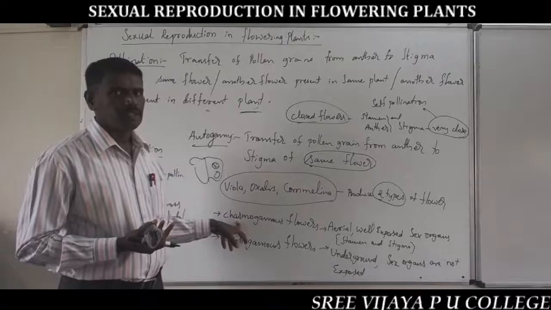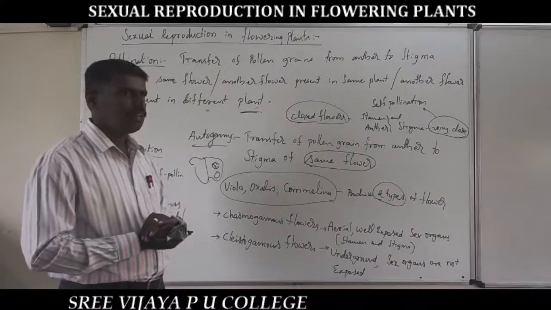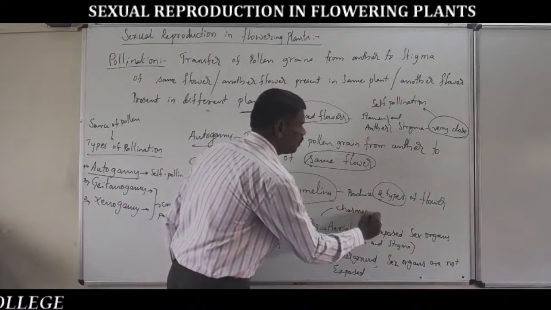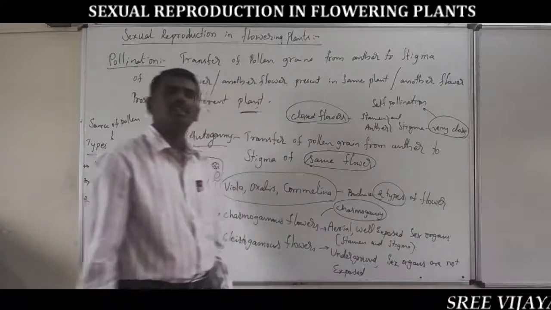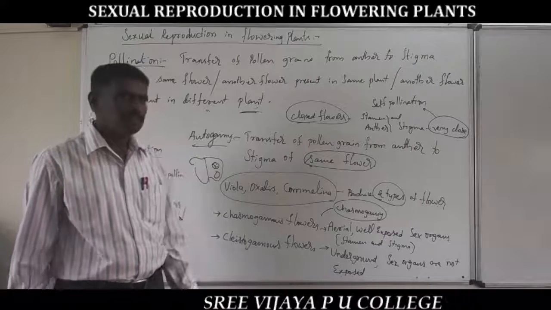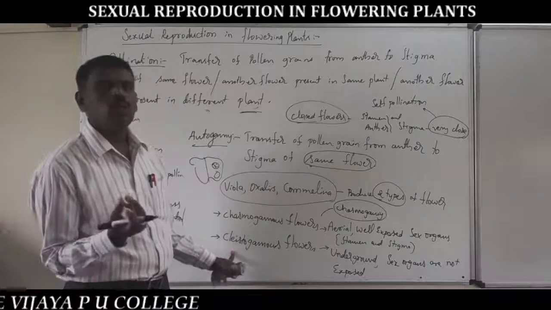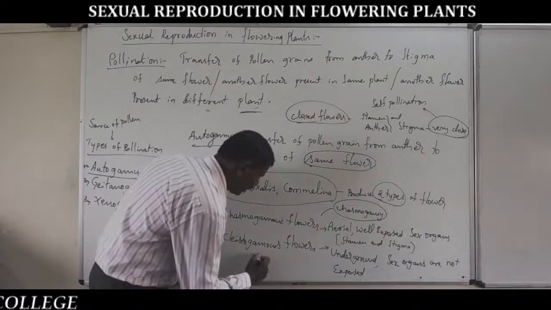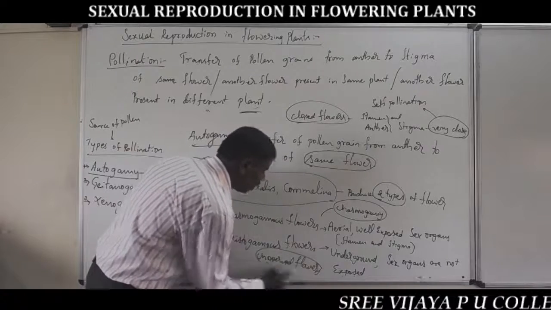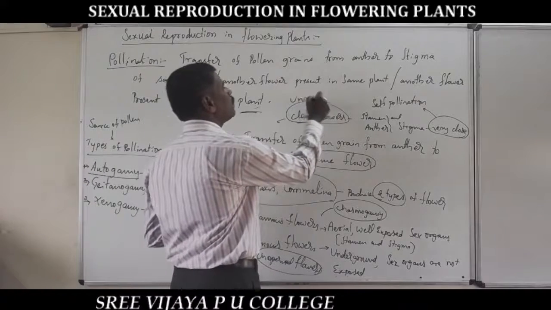In those, the transfer of pollen grain from anther to stigma is called chasmogamy. Like clistogamous flowers, in which pollen is transferred from anther to stigma of an unopened flower. These flowers are not opened, always in closed condition.